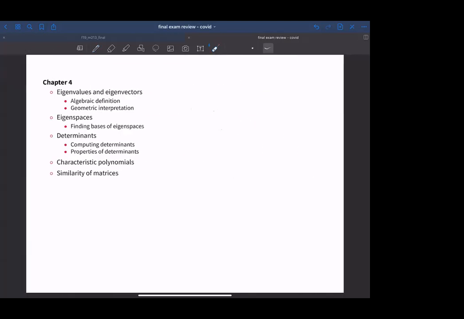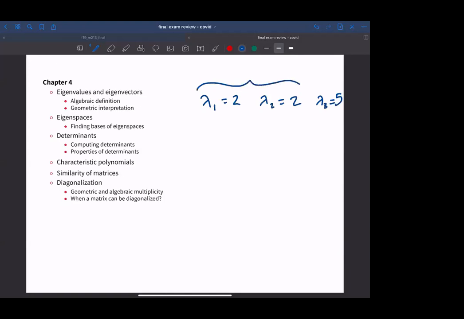We talked about characteristic polynomials, similarity of matrices, and then the big thing was diagonalization. Remember, telling whether a matrix is diagonalizable or not takes a little bit of work. For example, if I have a matrix and the eigenvalues are lambda 1 is 2, lambda 2 is 2, and lambda 3 is 5, then because this eigenvalue shows up twice, the algebraic multiplicity is equal to 2.